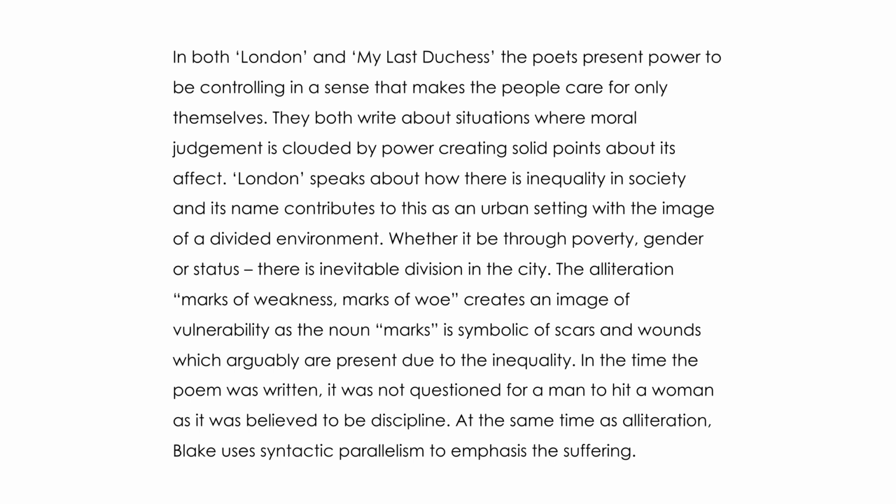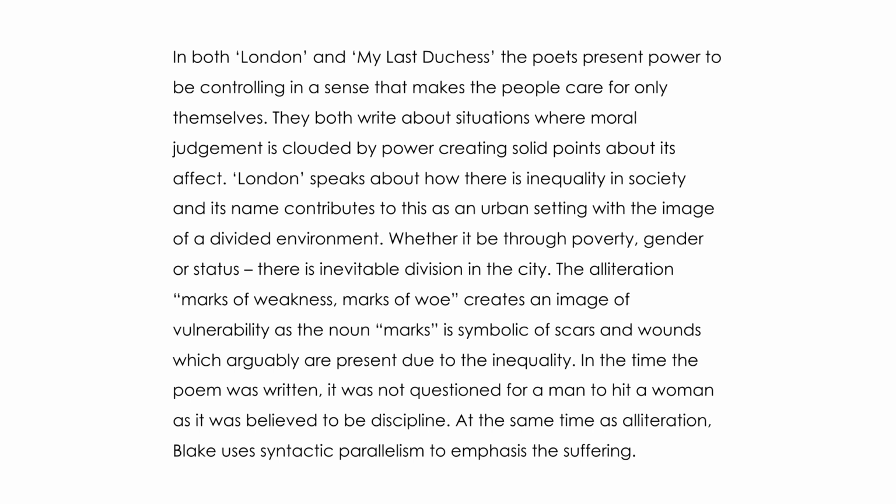So personally, I really, really love the introduction and I wouldn't want to change it. But the analysis that comes afterwards doesn't really show me controlling or judgments being clouded. So then I need to think about, where is there an image that the poets present power to be controlling in London?